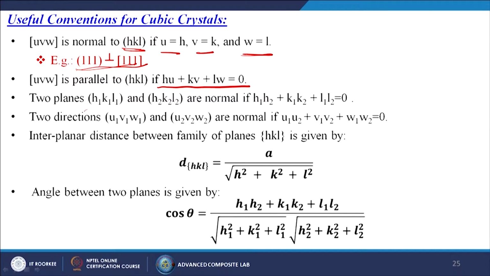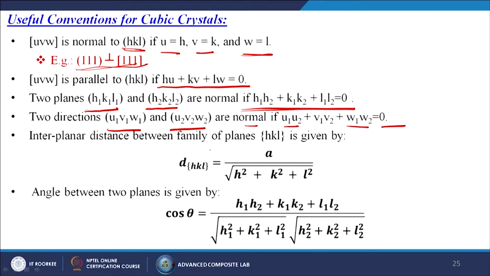Two planes H1 K1 L1 and H2 K2 L2 are normal if H1 H2 plus K1 K2 plus L1 L2 is equal to 0. Two directions U1 V1 W1 and U2 V2 W2 are normal if U1 U2 plus V1 V2 plus W1 W2 is 0.